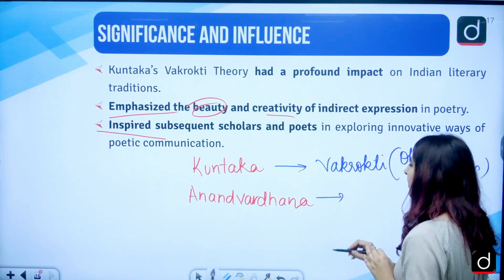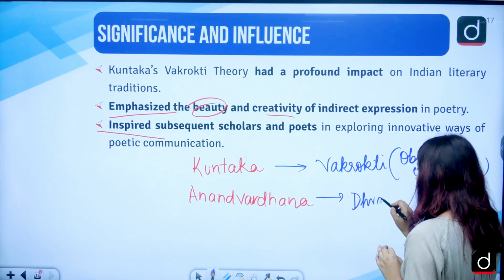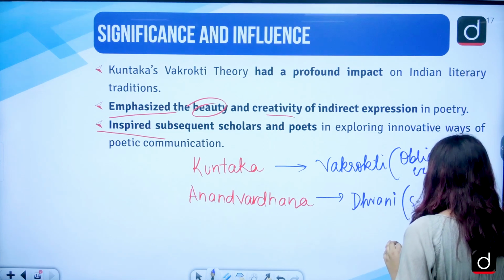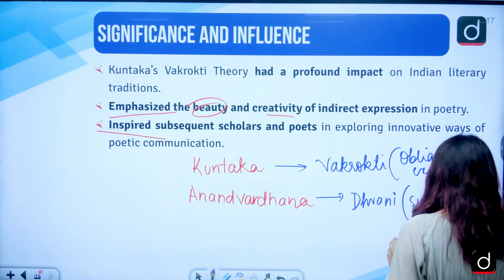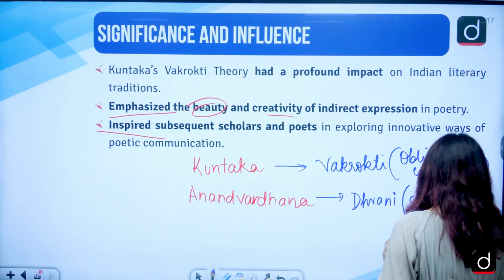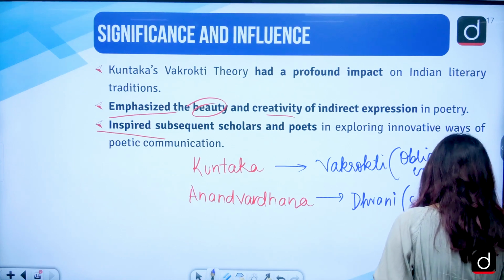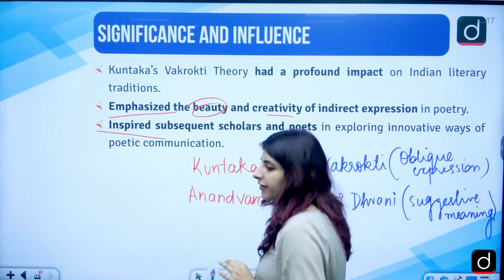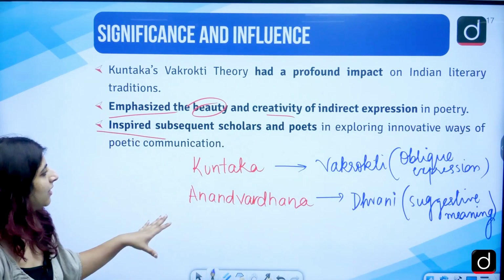Anandavardhan gave the theory of dhwani, that is suggestive meaning. Right? So you can jot this pointer down.